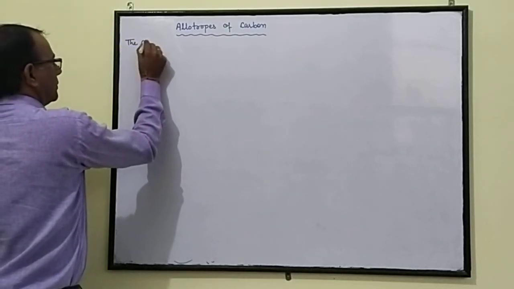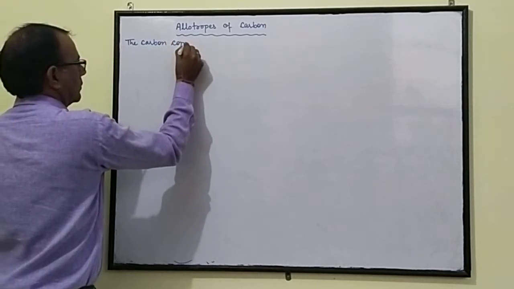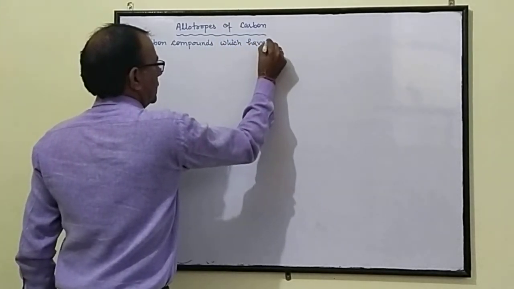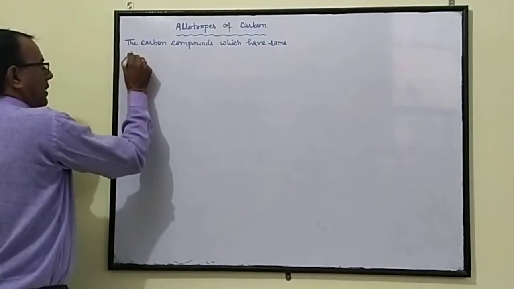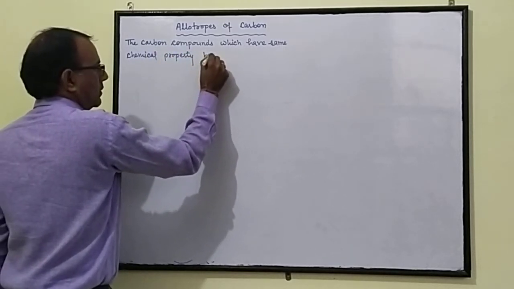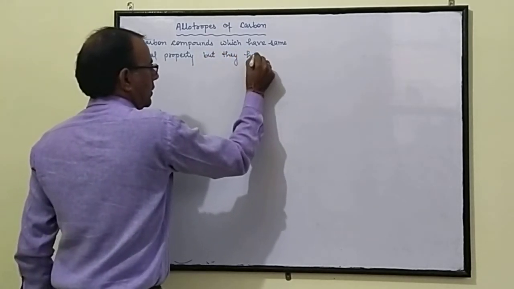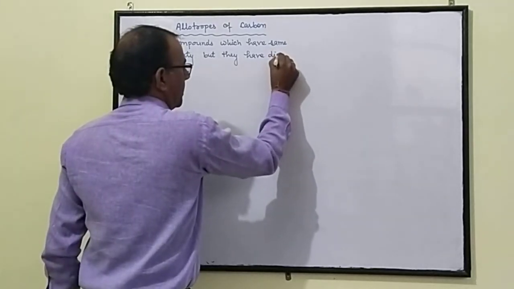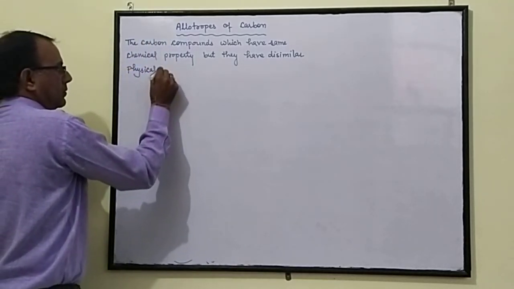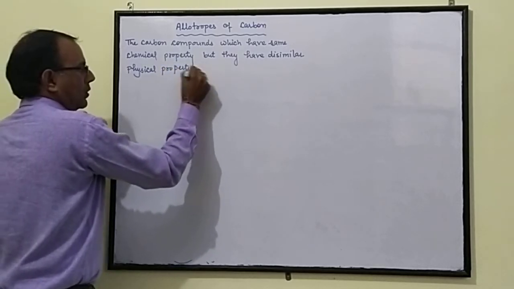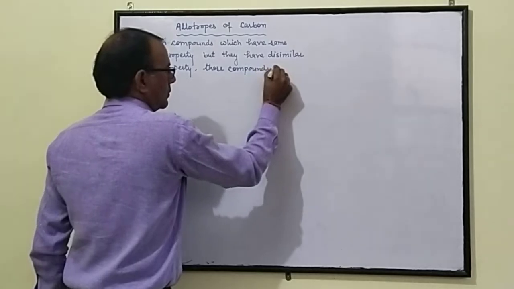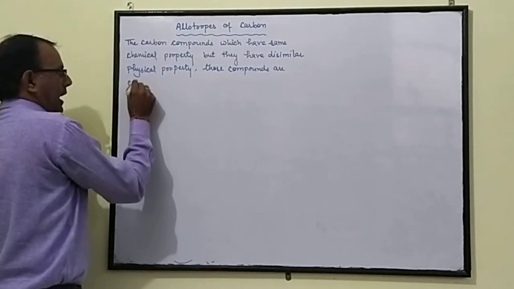The carbon compounds which have similar or the same chemical property but dissimilar or different physical property are called allotropes.